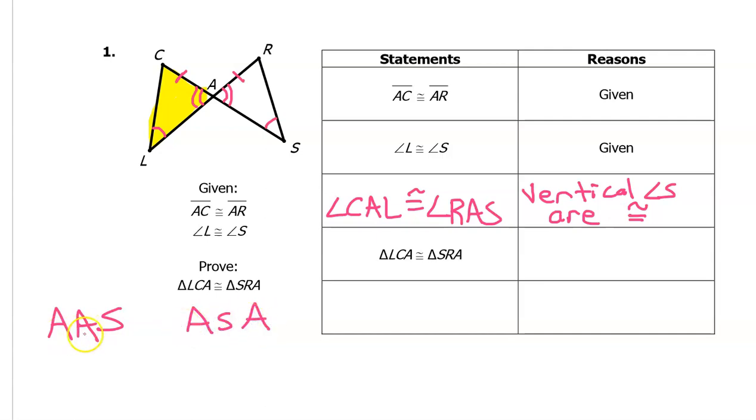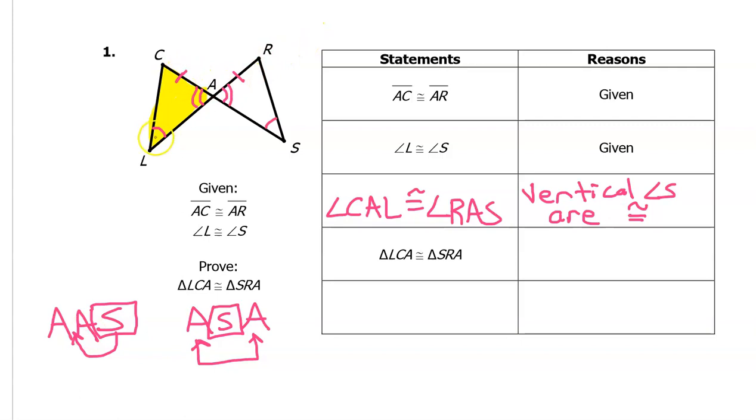Both of these involve two angles and a side. The difference is if the side is between the two angles, then it's going to be angle, side, angle. On the other hand, if the side is not between the two angles, that's when it's angle, angle, side.